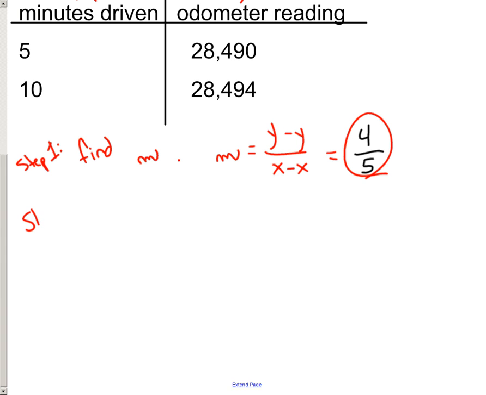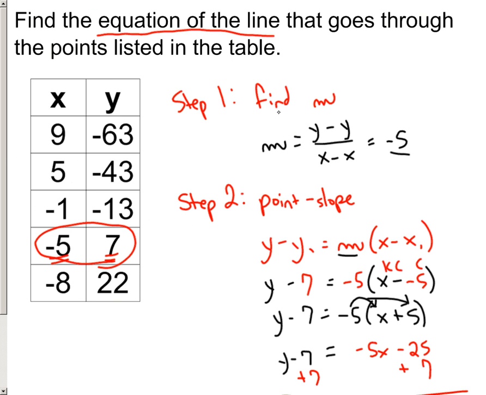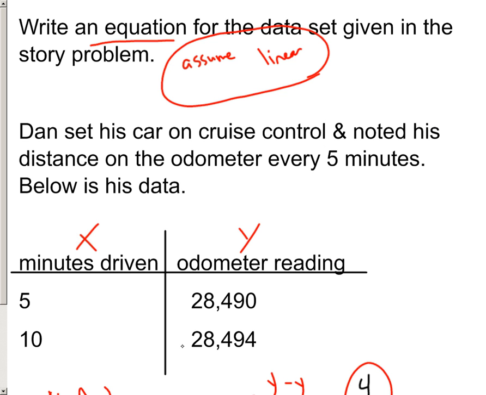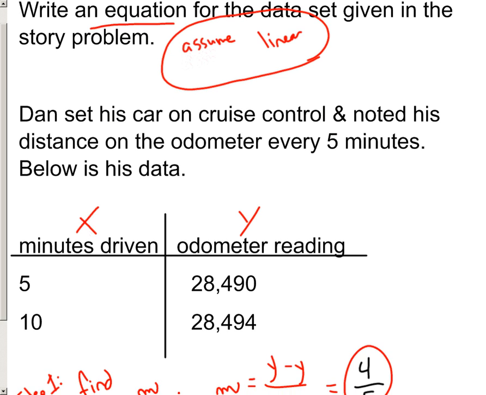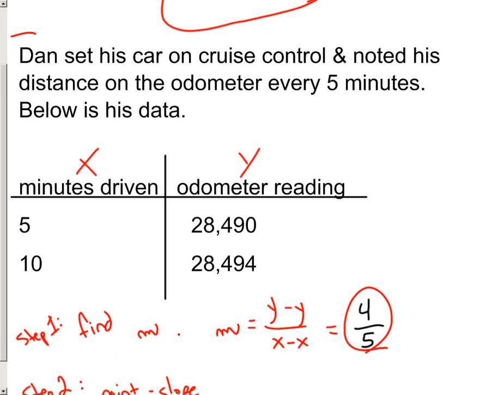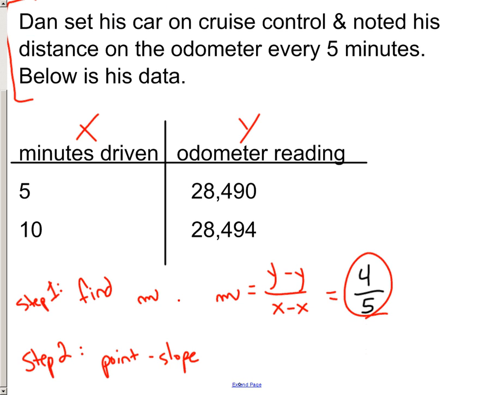Step 2, same thing we've done. Point slope. Literally, it's the same thing we did. We found slope, and then we plugged it into point slope. So we're doing this again, even though this data here that we have in this problem looks a little bit different, and it's kind of weird that we've got this scenario here. So don't sweat it. We'll be okay.